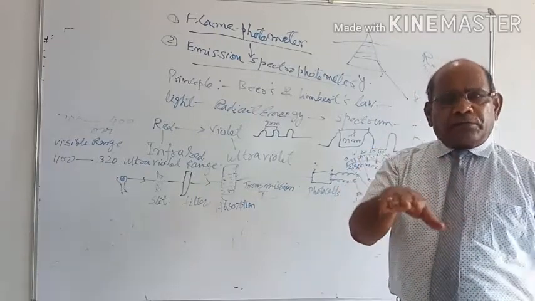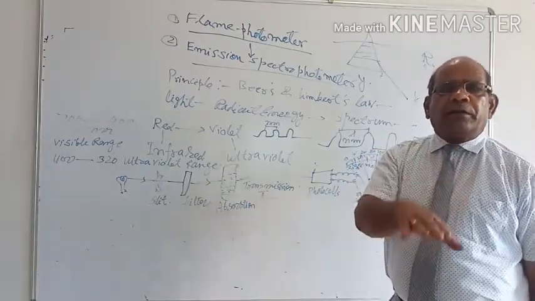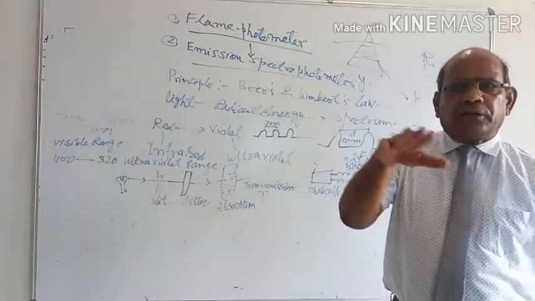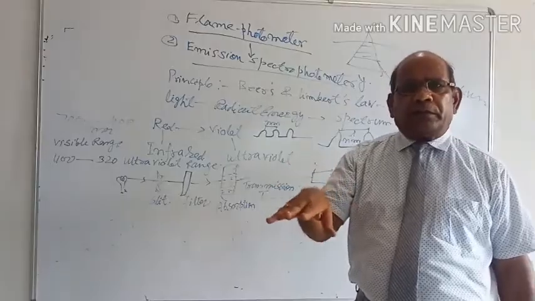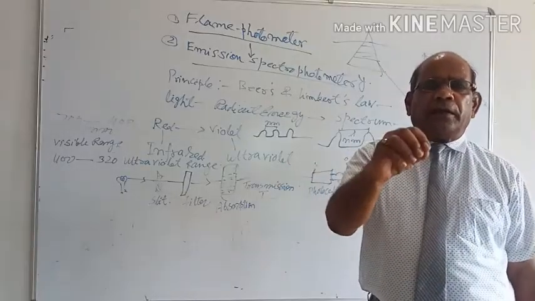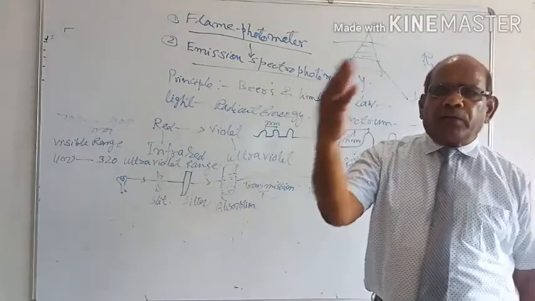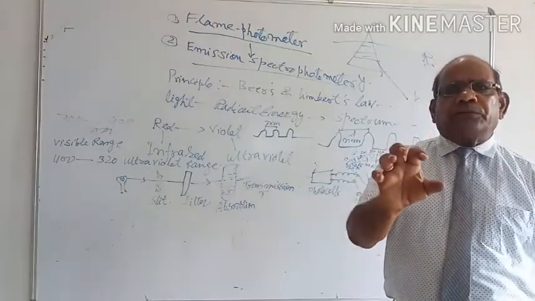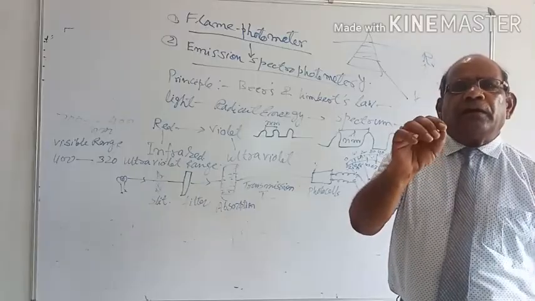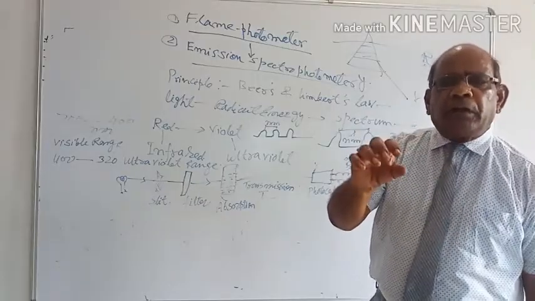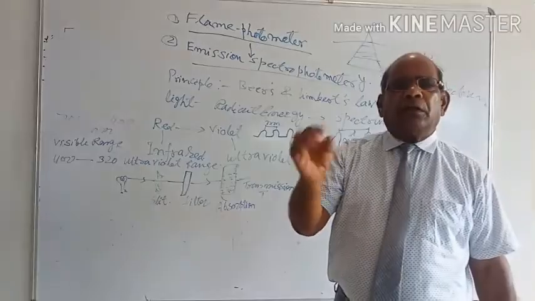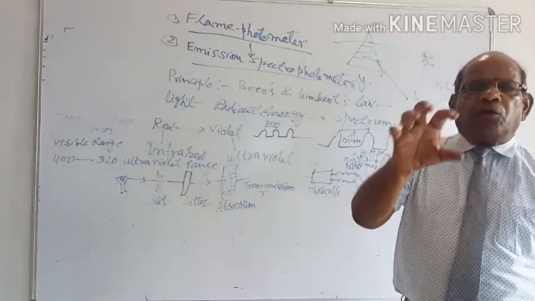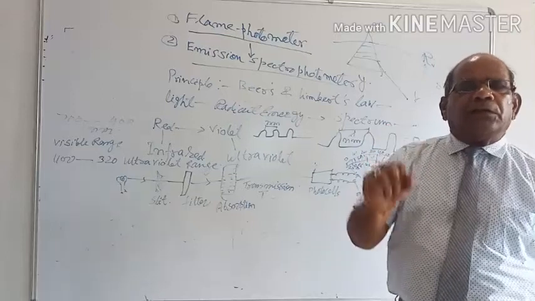So under absorption photometry, colorimetry, spectrophotometry, and atomic absorption spectrometry, these are examples of absorption of spectrum in the solution for the purpose of estimation of different metals, non-metals, or other chemicals and other molecules of biomedical importance in the solution.